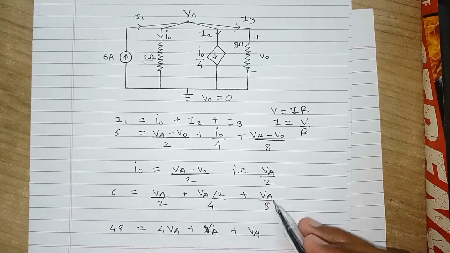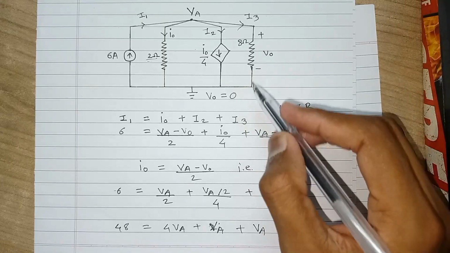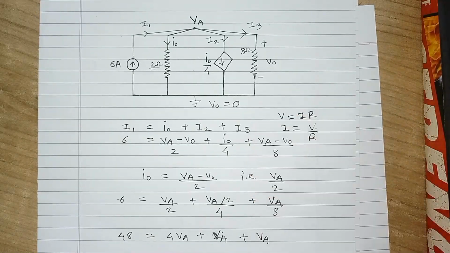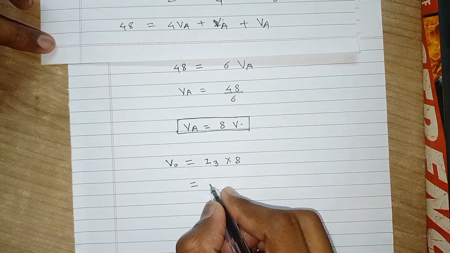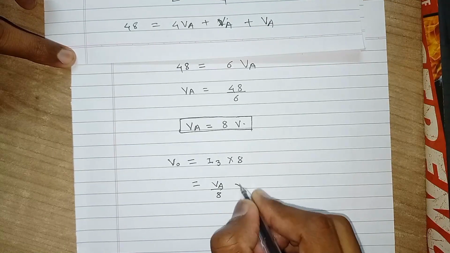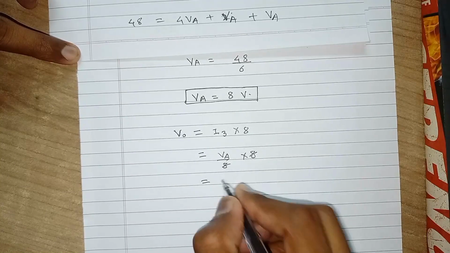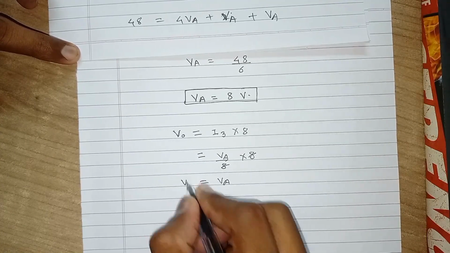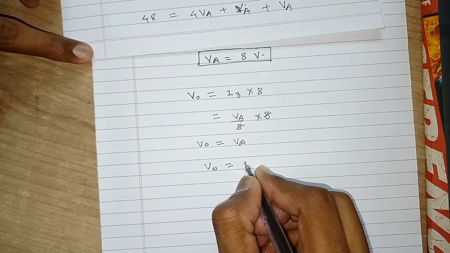We have written it as VA by 8. VA is the potential drop across this 8 ohm resistor and 8 is the value of this resistance. Solving it, we get V0 equals VA, that is V0 equals 8 volts.